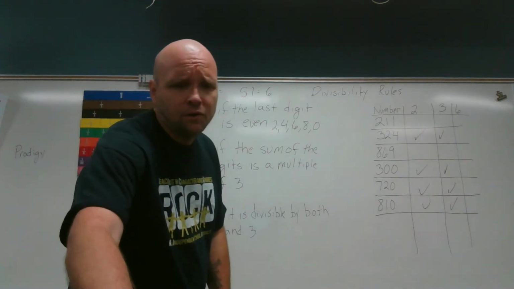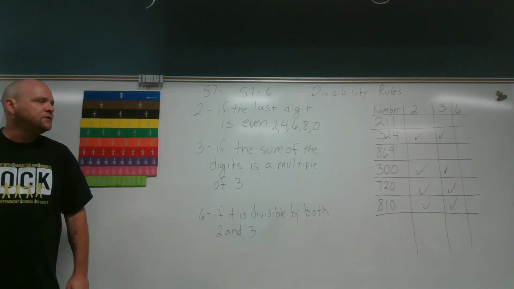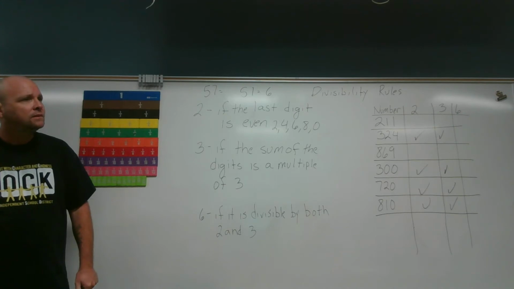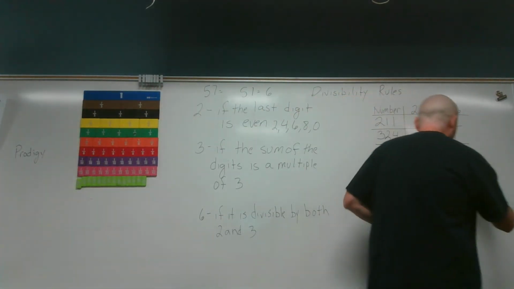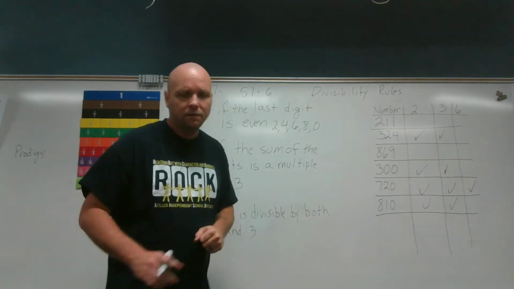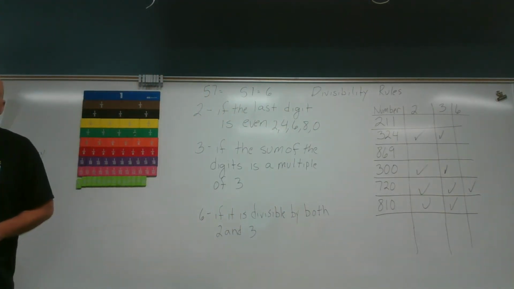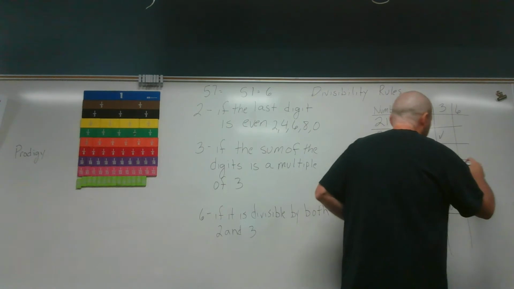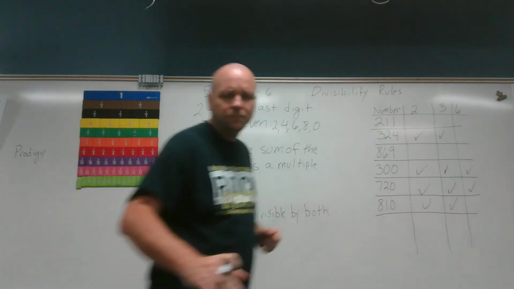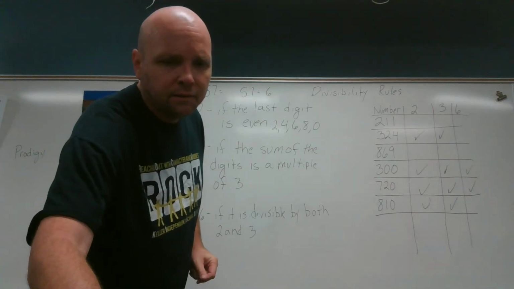All right, so Morgan, are there any numbers that are divisible by 6? 720, because it's divisible by 2 and 3. You'll give yourself a point when we're done. Joshua, any numbers that are divisible by 6? 300, because it's divisible by both 2 and 3. Gus is not here.